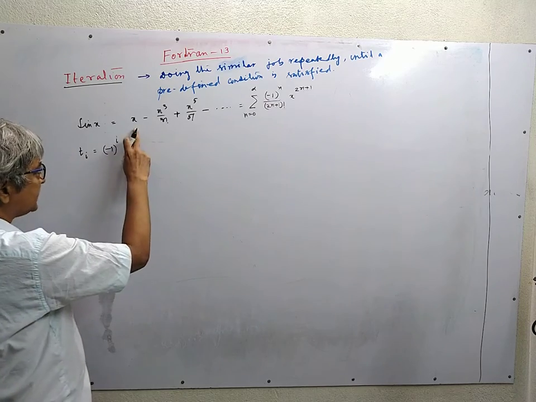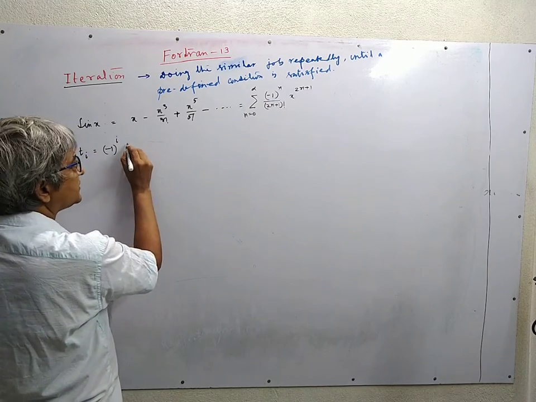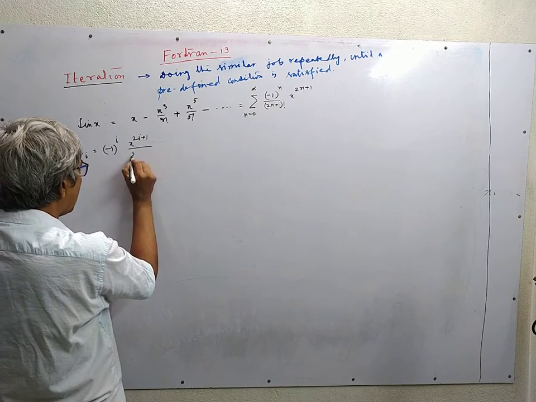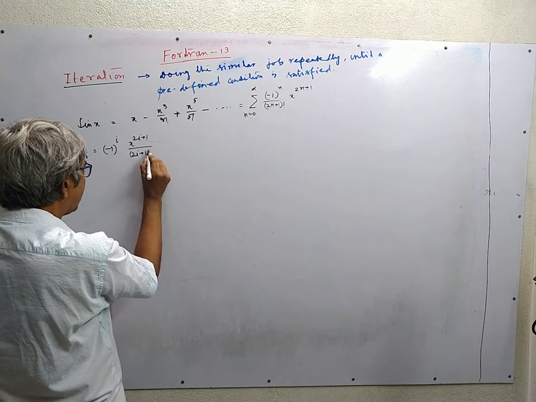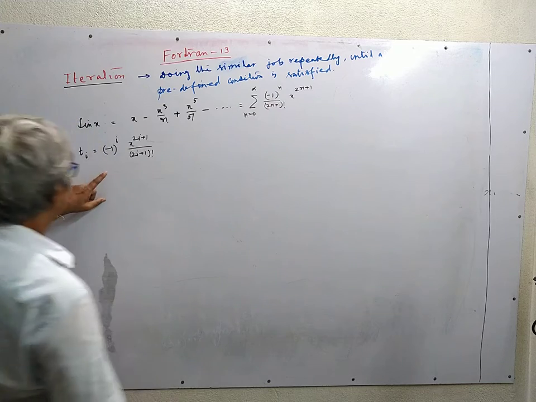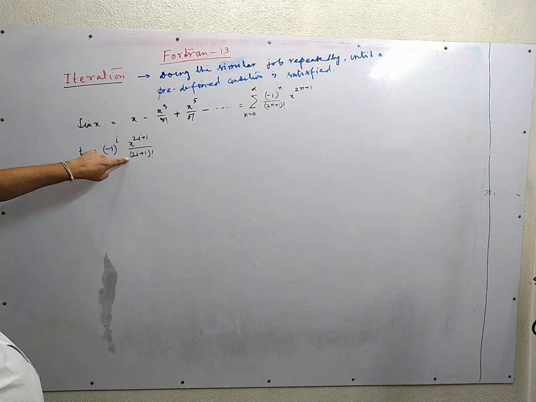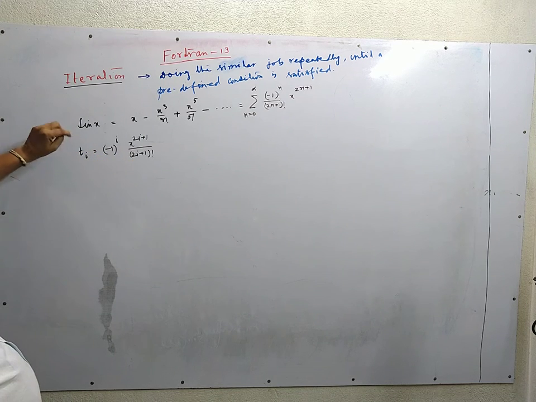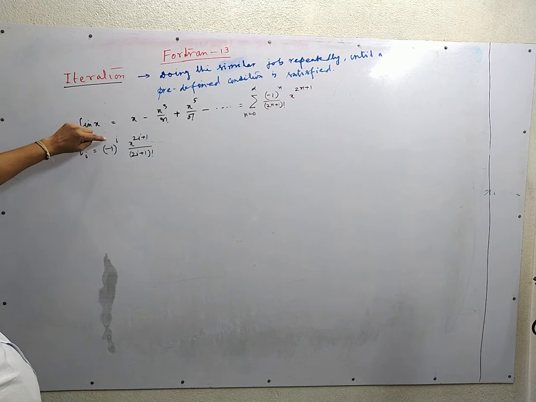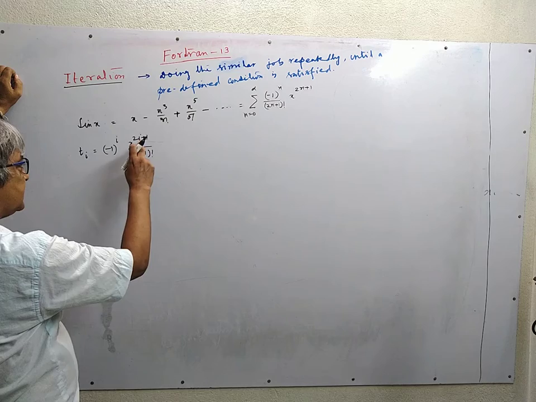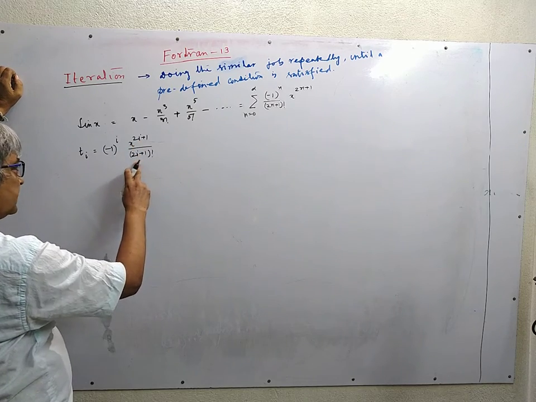The term starts with t0, and this is x to the power 2i plus 1 upon (2i plus 1) factorial. So t0 is positive, this is x, and t1 is negative, this is x to the power 3 by factorial 3.